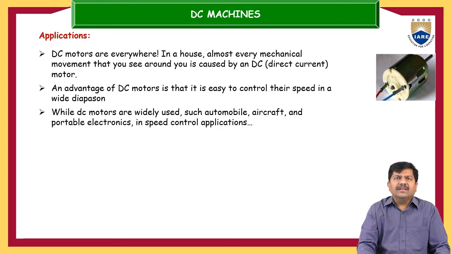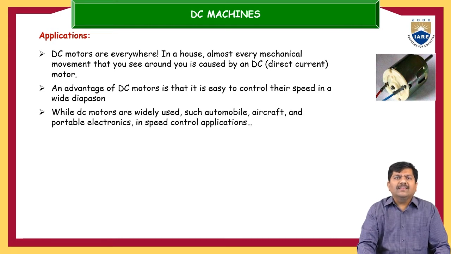DC machines are highly beneficial for controlling speed, because if you want to regulate the speed, the speed controlling mechanism can be easily achieved with the help of DC machines. In the sequence of these videos, we are going to discuss the speed control mechanism of DC machines.